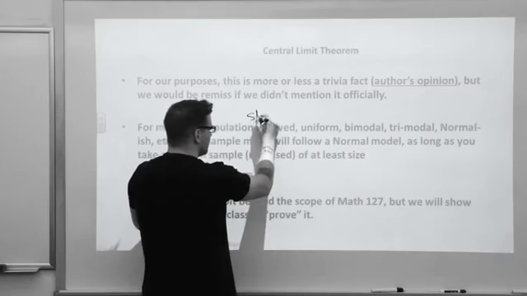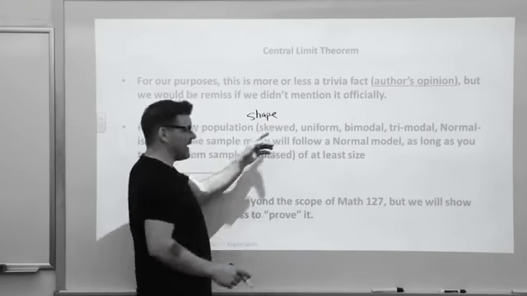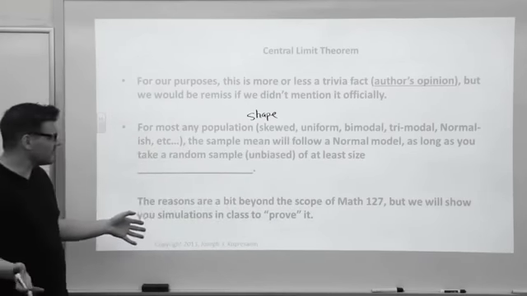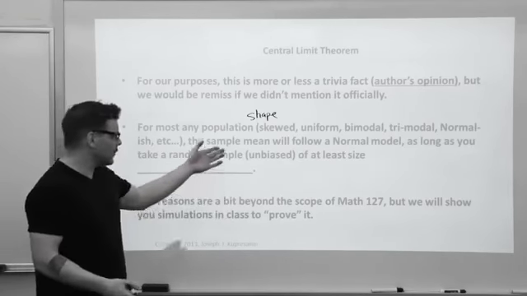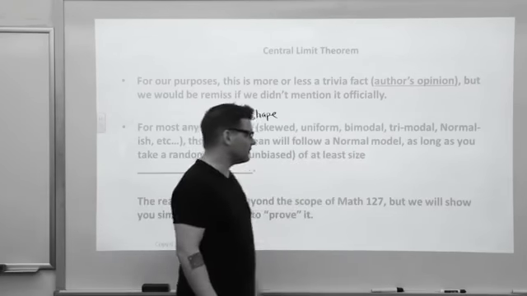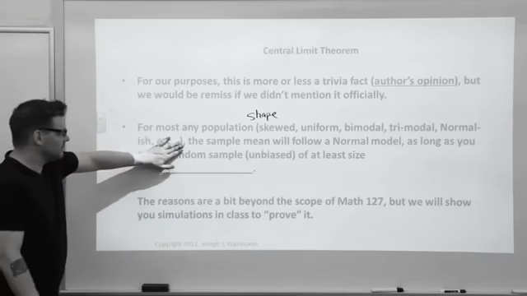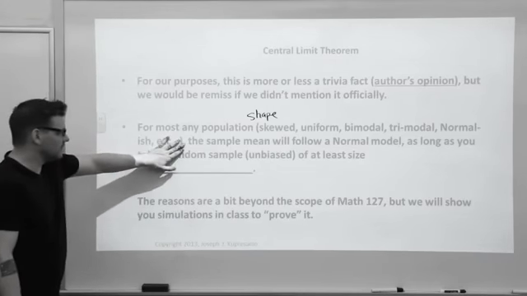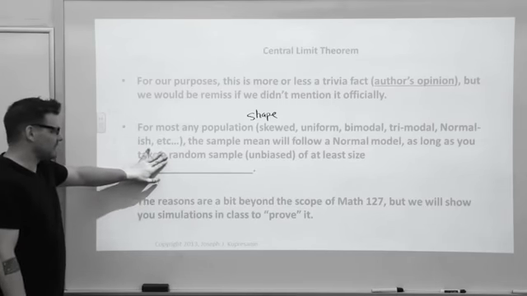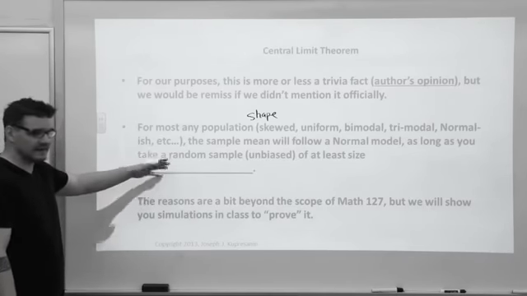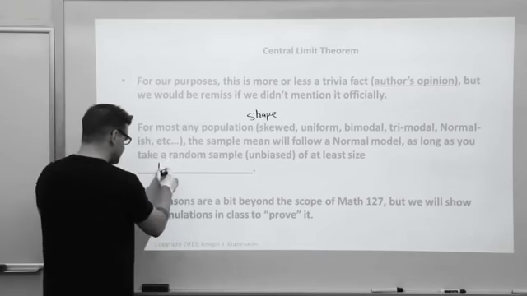So think of a variable and you graph it, it looks skewed left or skewed right. Or maybe it looks uniform. Or maybe it's bimodal or trimodal or pretty normal looking anyways. The sample mean will follow a normal model as long as you take a random sample of at least size n equals 30.